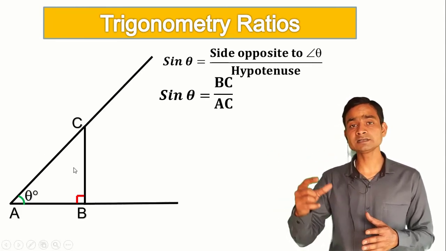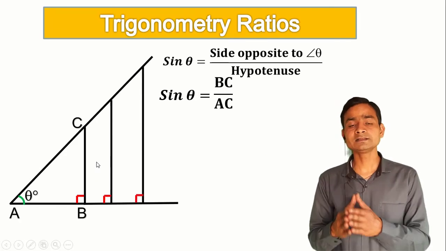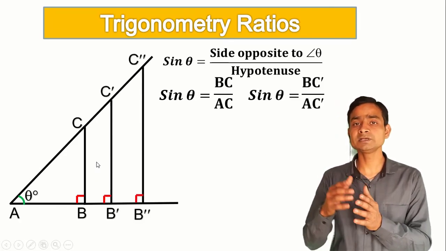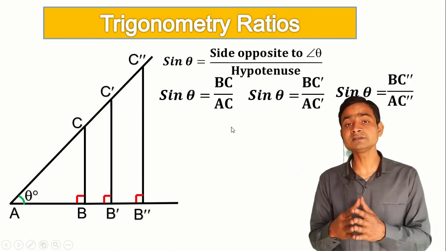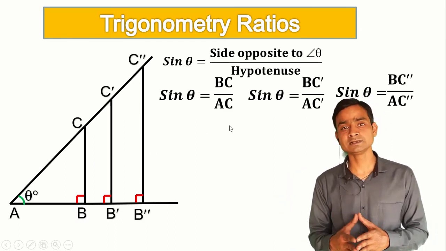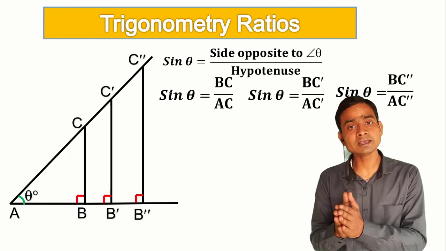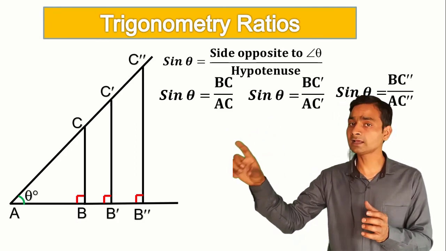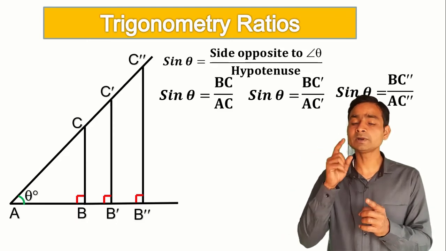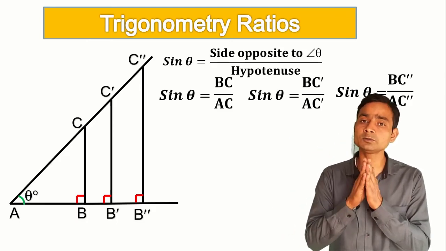If you increase the sides of the triangle, then the trigonometry ratio will not change if the angle does not change. If the angle changes, then the ratio will change. But if the angle remains the same and you increase the sides of the triangle, then that particular trigonometric ratio will not change.